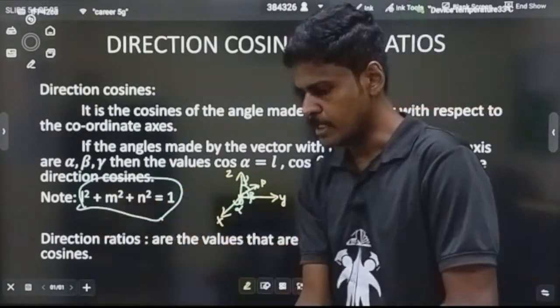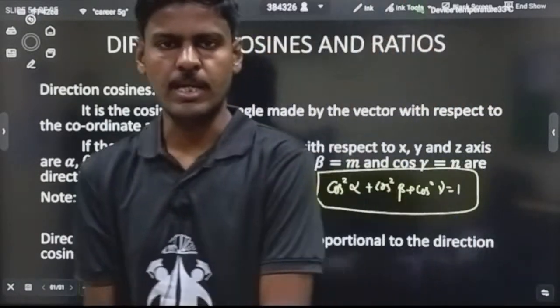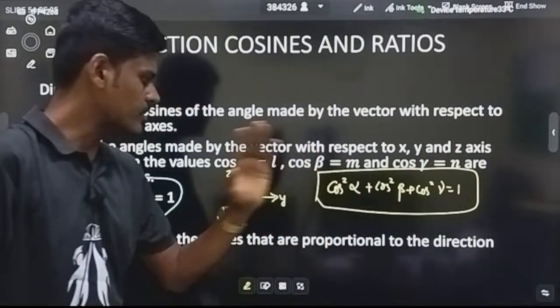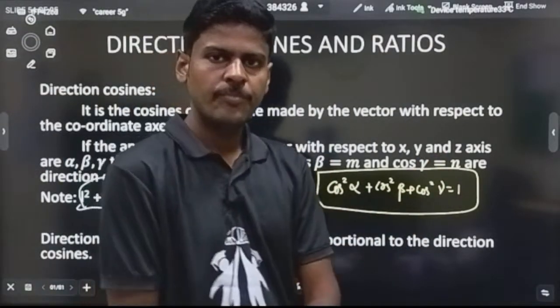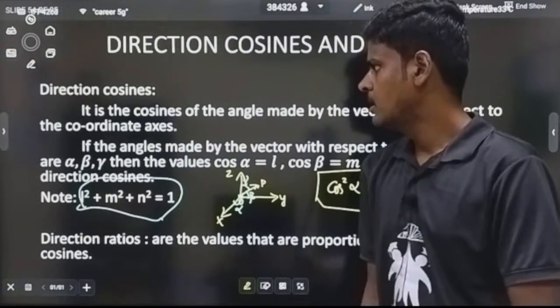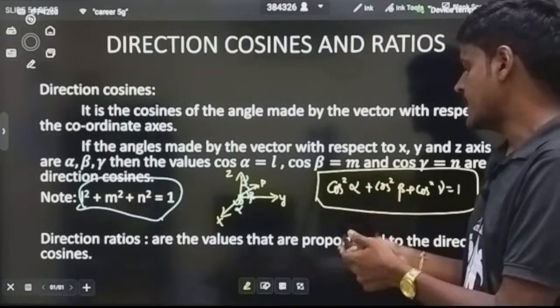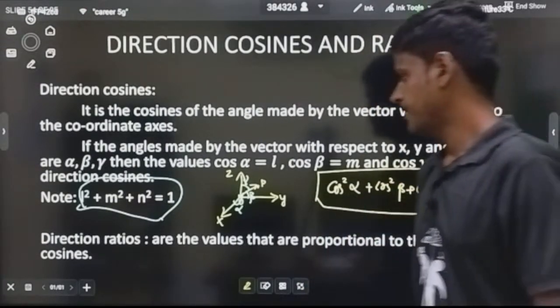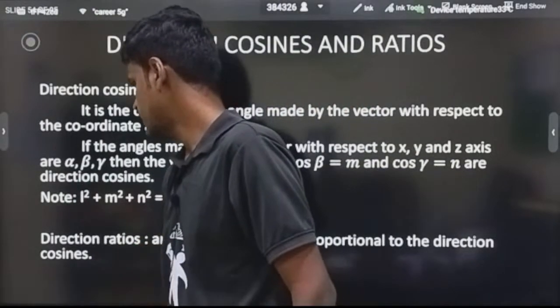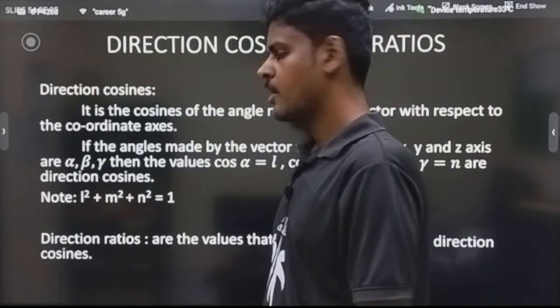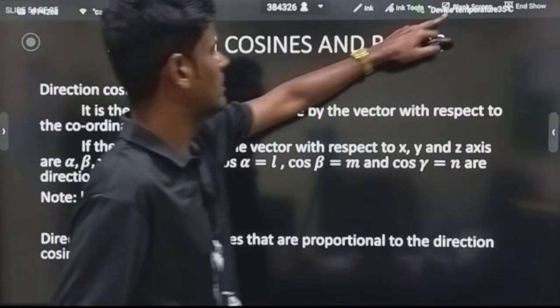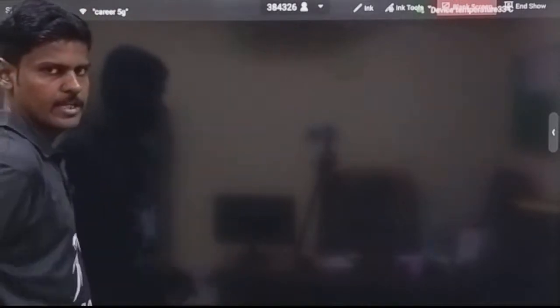Next one is what are direction ratios. Direction ratios are any values that are proportional to direction cosines. For example, we can take some random example and see. We can take a vector equally inclined to the axes, for example.